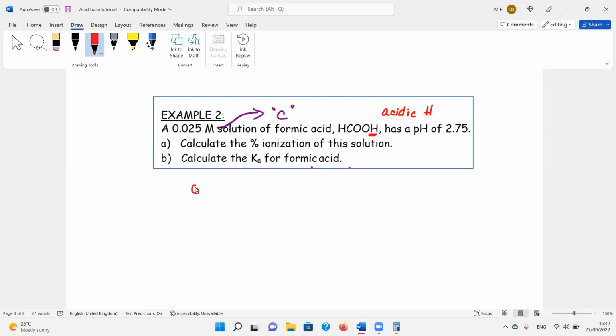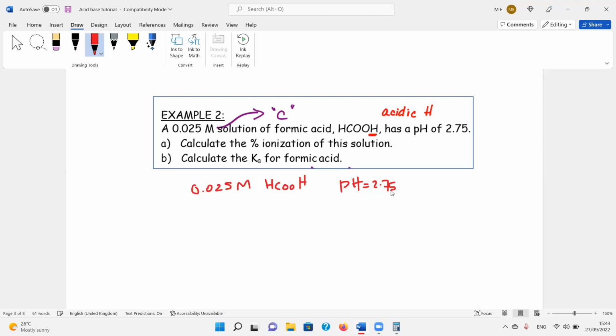We have a starting concentration of 0.025 molar of the formic acid, and pH is 2.75.